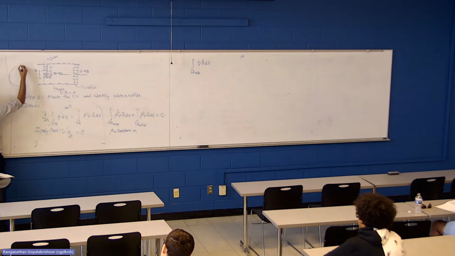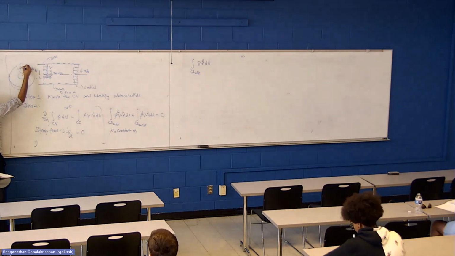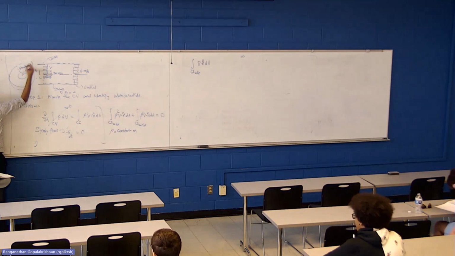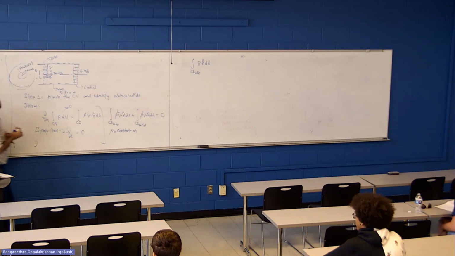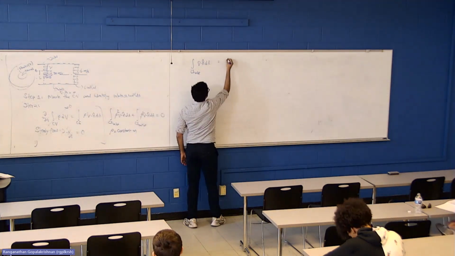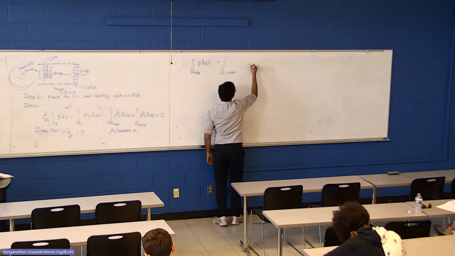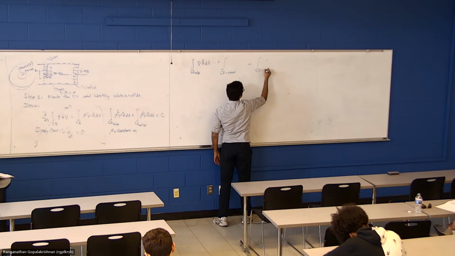If you see from the side view, there is the inner zone where the velocity is faster, 30 meter per second. And then there is an outer zone where velocity is slower, and we are trying to determine that. Okay, so I will split this as CS inner plus CS outer.